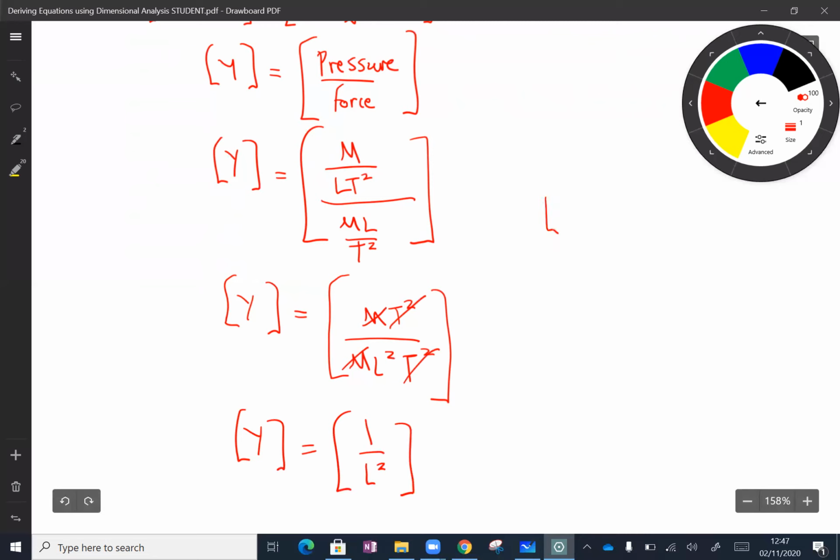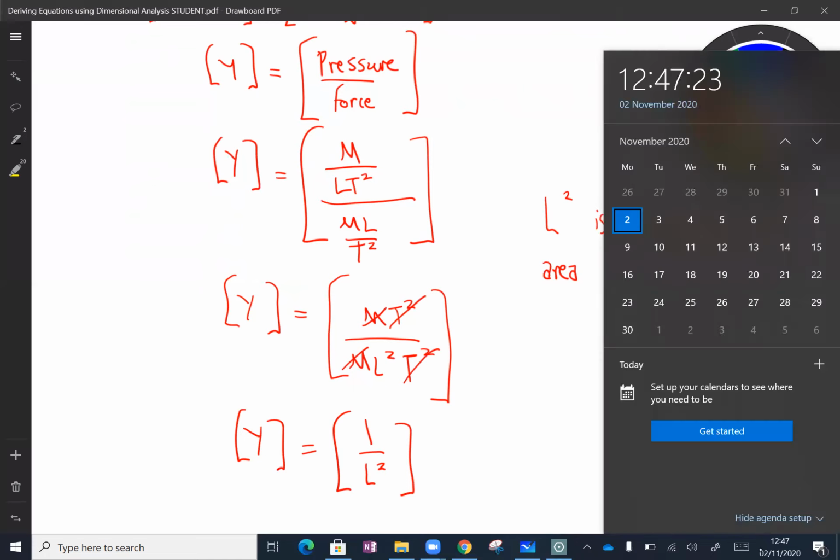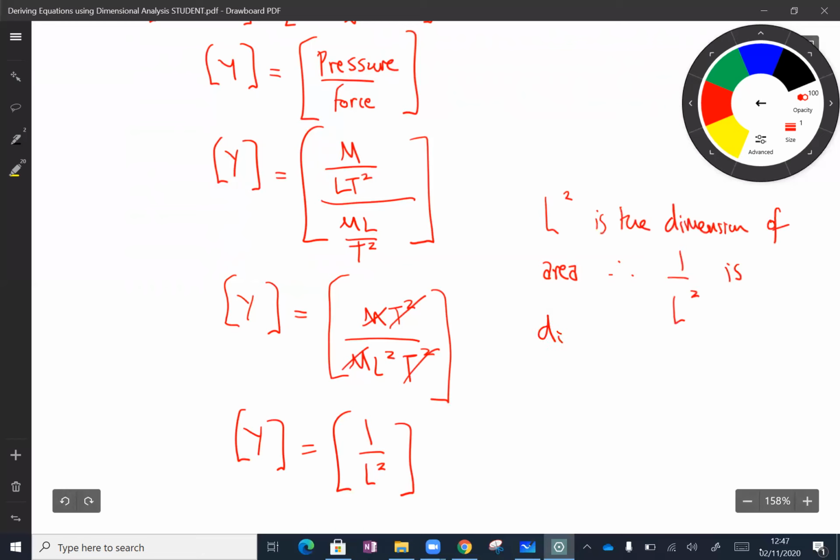L squared is the dimension of area, so 1 over L squared means divided by area.